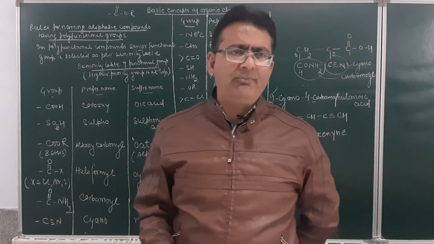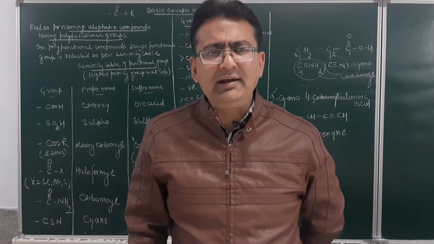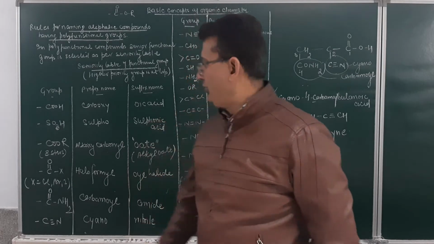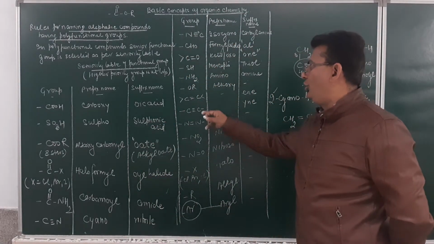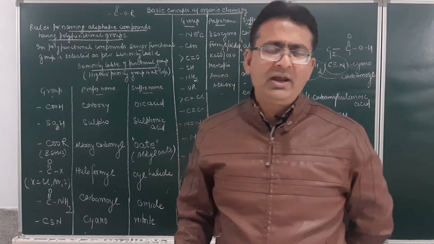While numbering a compound which contains a double bond and a triple bond, if they are getting different locant numbers, then numbering must be done in such a manner that the double bond gets the lower locant number, as the double bond is more senior to the triple bond.